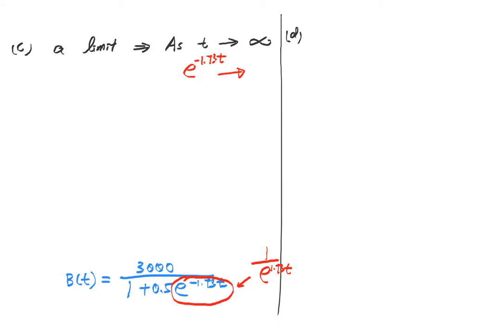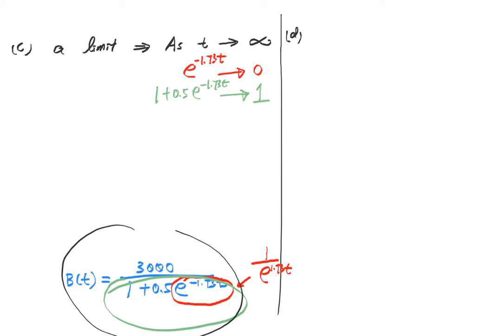What do you put? 0. So what happened to this whole thing? It will approach 1. Am I right?